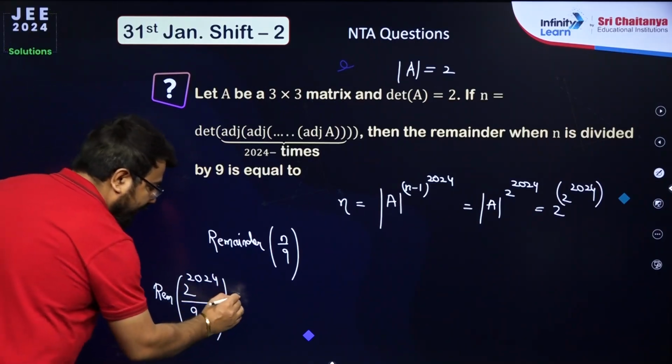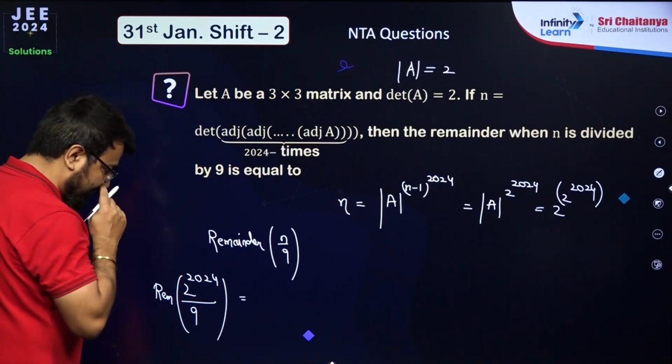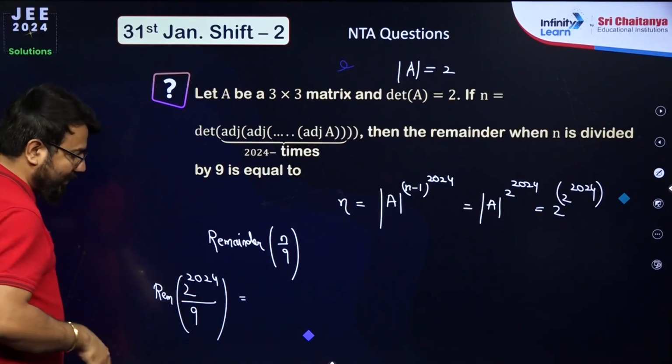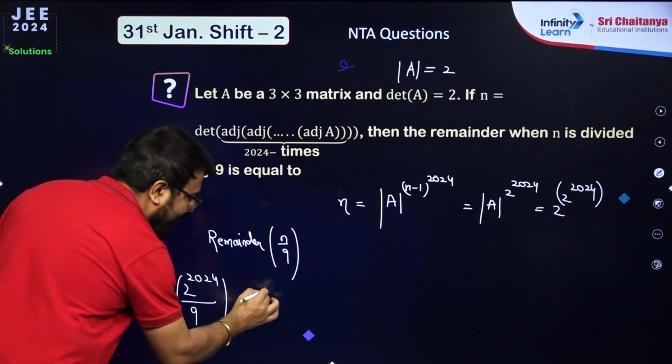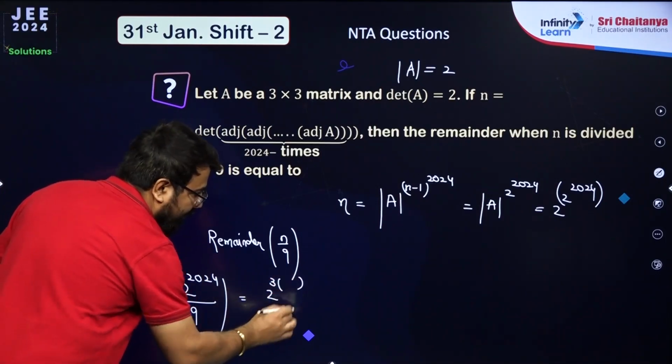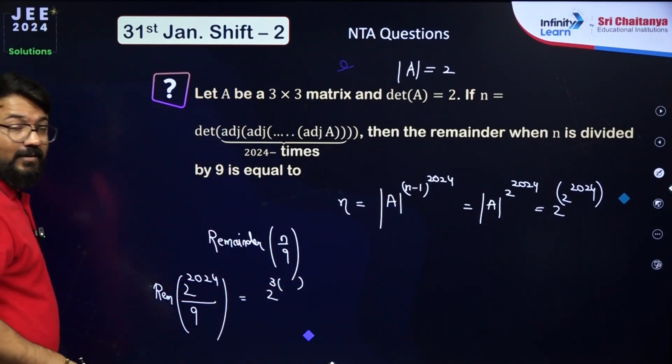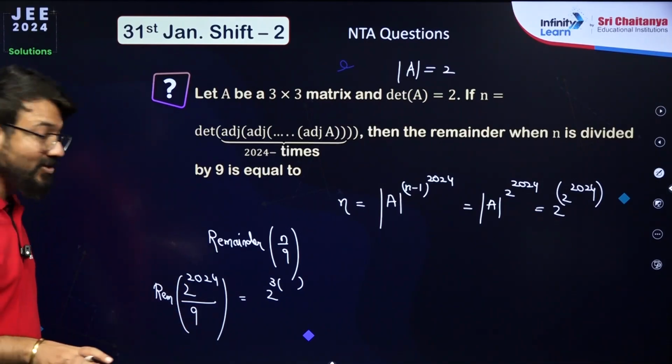So obviously 2024 is not divisible by 3, so let us write it in terms of 2 raised to the power 3, because 2 raised to the power 3 is 8 actually.